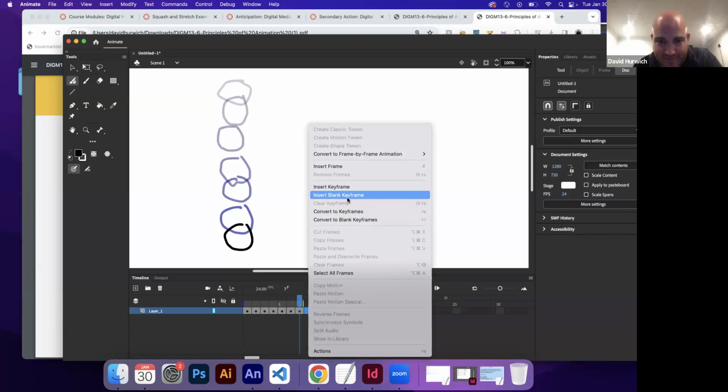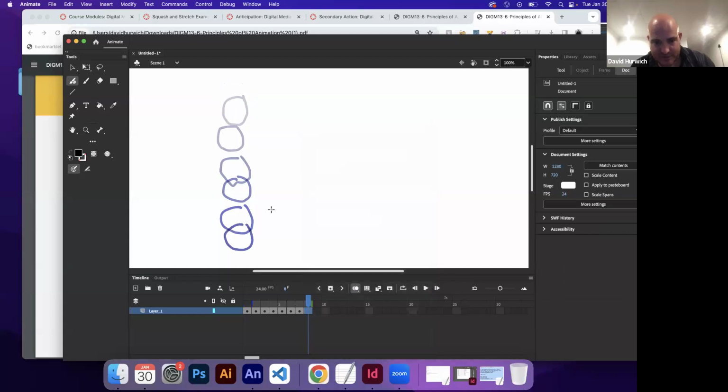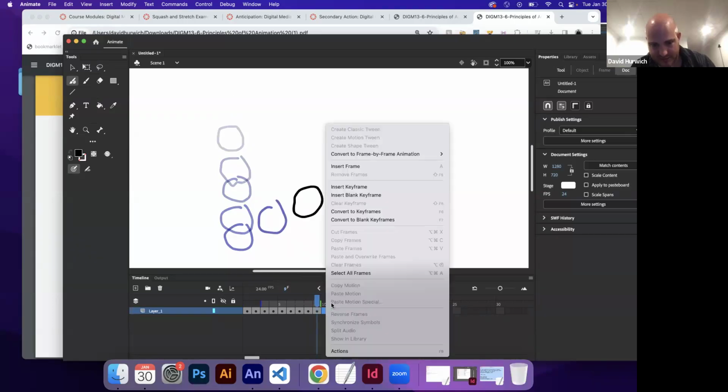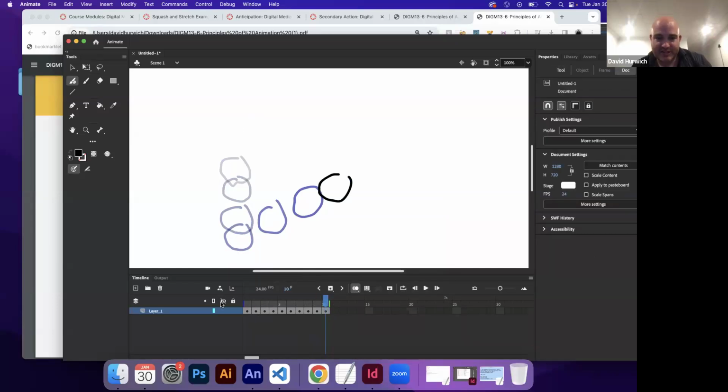So it's like, okay, here's my next frame and I'm going to draw that, and then next frame, and then I draw that, and so on and so on. So this is literally straight ahead, where I'm just using the last pose as where the next pose is going to go.